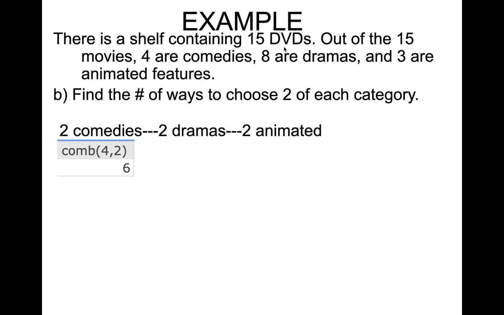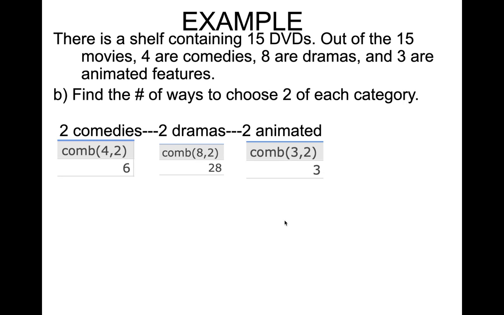This time, there are 8 dramas, and I want 2 of them. So I do that in StatCrunch. And then I'll finish it off with animated. There are 3 animated movies total, and I want to choose 2 of them, and I get that.